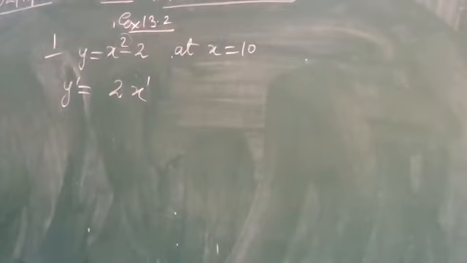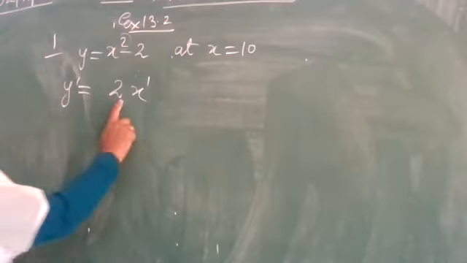Derivative of x raised to the power 3 by 2 is 3 by 2 x raised to the power 1 by 2. So you have to remember this thing. Whatever power we have, that comes in multiplication and one power less. Yes, we can write it as 3 by 2 root x. Okay? So is it clear how to apply this formula?